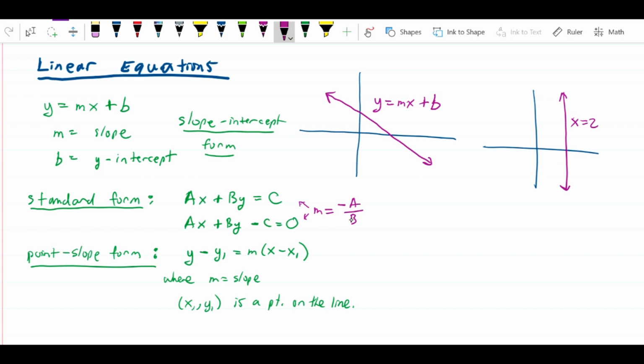That brings me to the next point: this line x equals 2, I can write in the form 1x plus 0y equals 2. So it is possible to write a standard form equation for a vertical line, whereas it's not possible to write one in point slope form or slope intercept form. That's one of the reasons we consider this to be the standard form, because it works for literally any line.